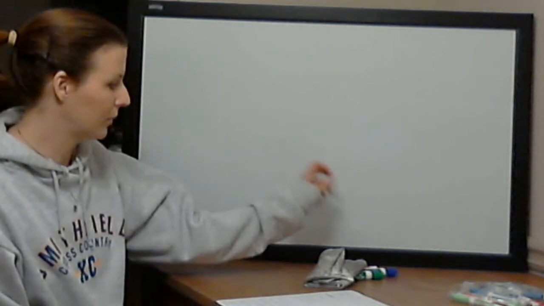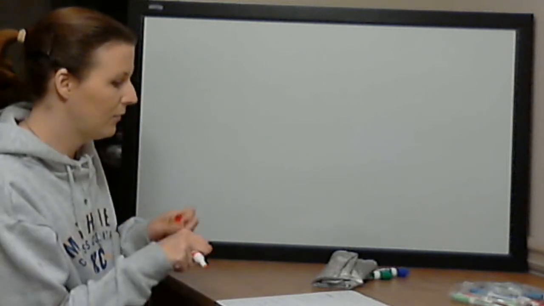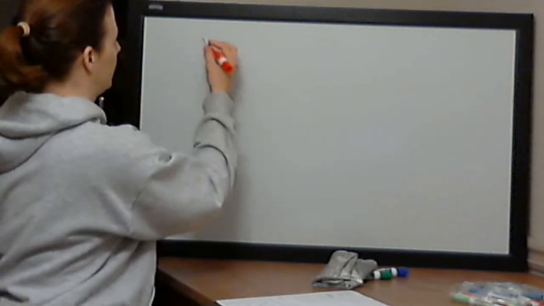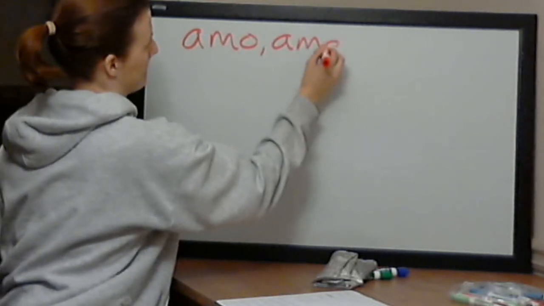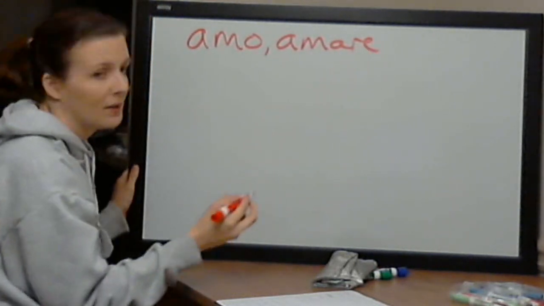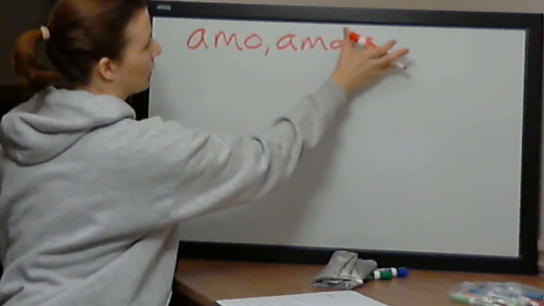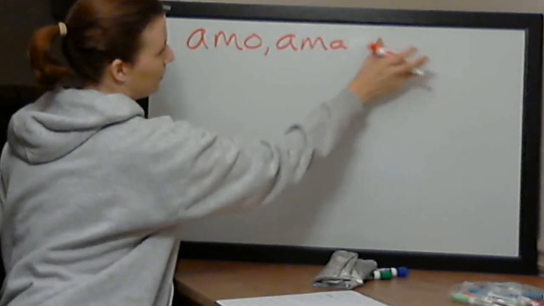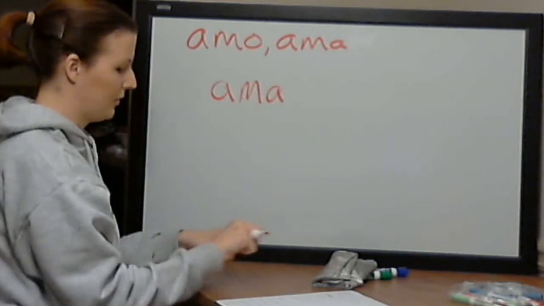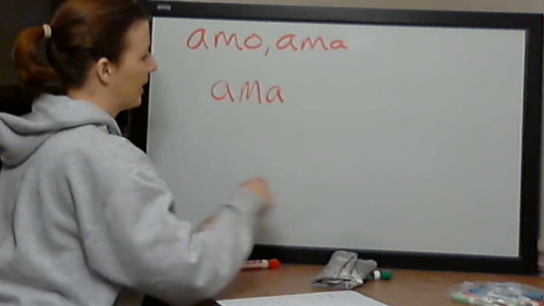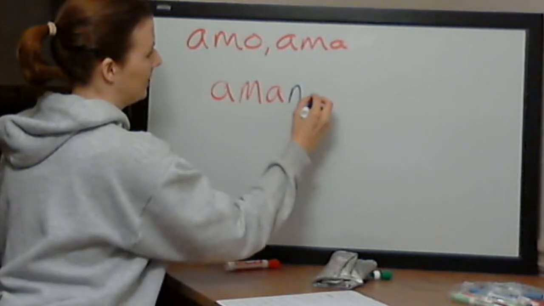So let's start with what they look like. If you start with a verb, let's start with our amo, amare. To make the gerund, you are going to get rid of your -re, so you've got that same stem we always have, ama, and to that, you're going to add the letters nd.